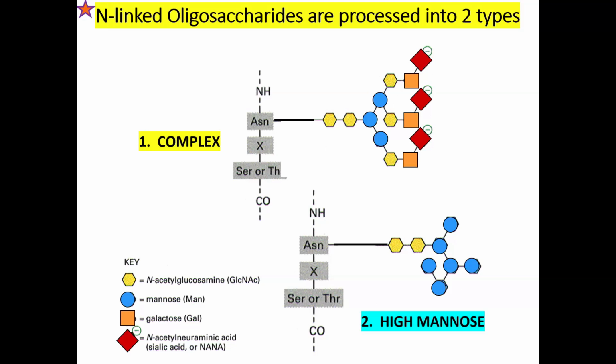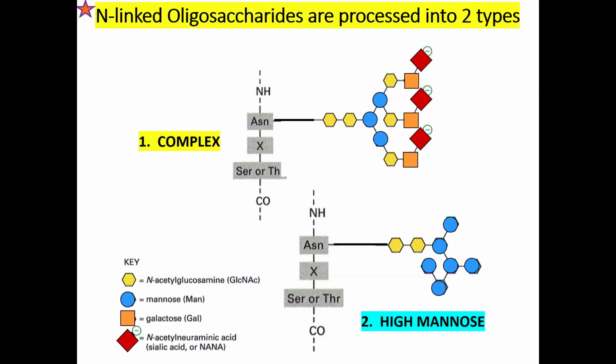You have 2 N-acetylglucosamine, 3 mannose, then 3 N-acetylglucosamine, then you have 3 galactose, and then you have the red ones, which are N-acetylneuraminic acid, commonly known as sialic acid. This glycosylation is a complex glycosylation, whereas some of them could be just N-acetylglucosamine and a number of mannoses, which we call the high mannose. So where do you get this? These modifications are going to happen step by step in the different Golgi compartments, and the matured protein.